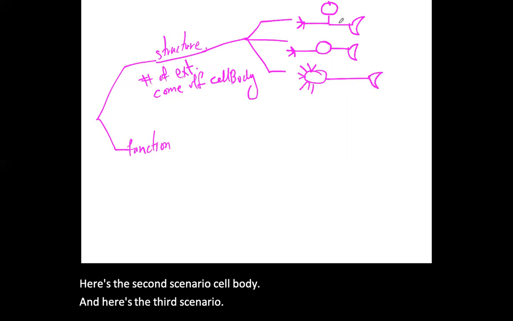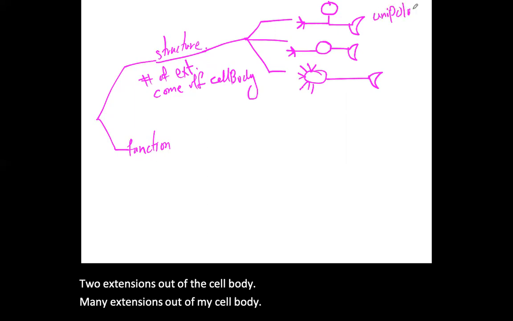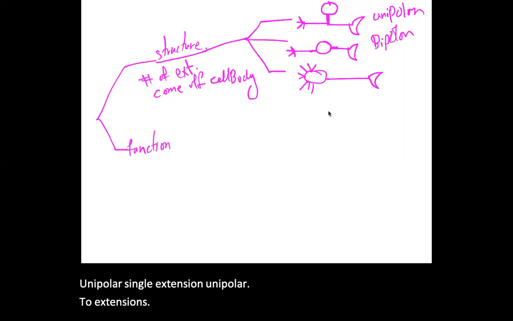So, one extension off of the cell body, 2 extensions out of the cell body, many extensions out of my cell body. Single extension, unipolar. 2 extensions, bipolar. Many extensions, multipolar.